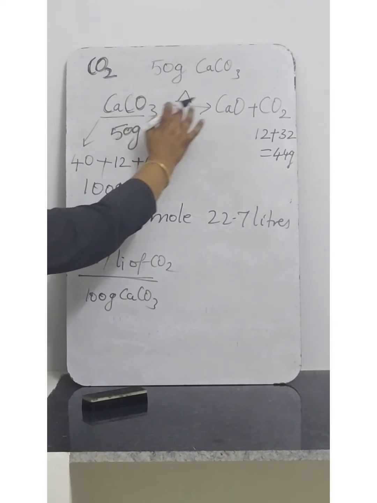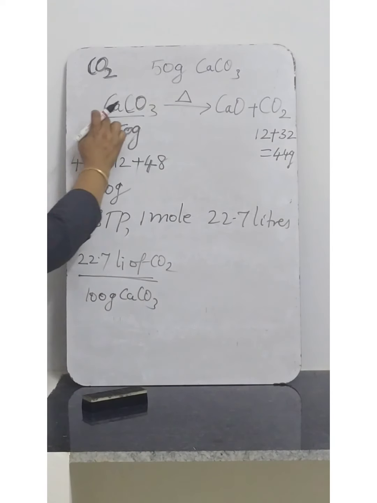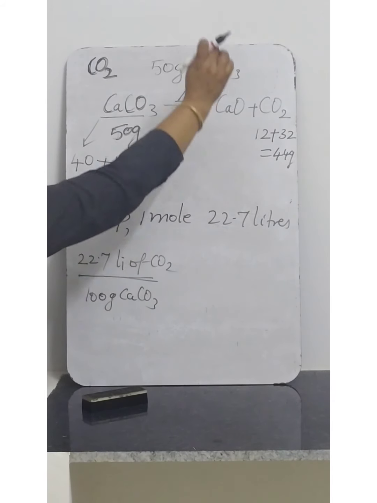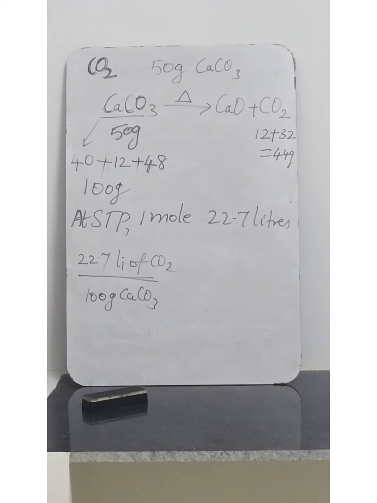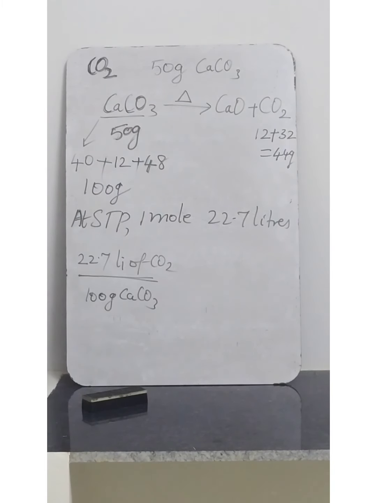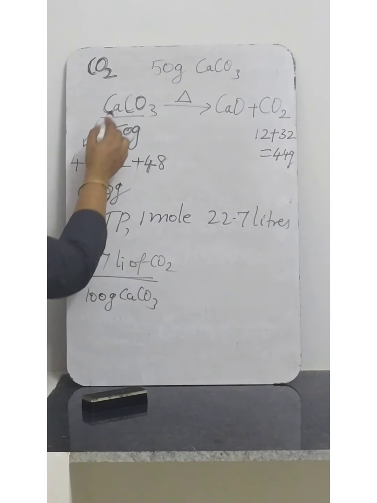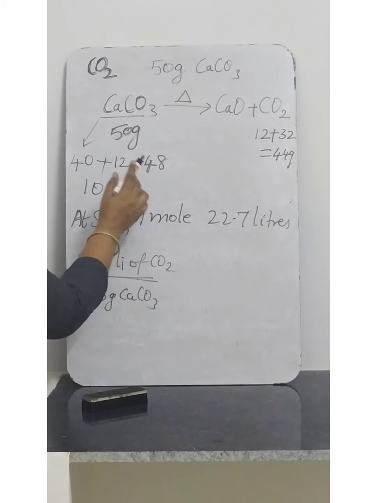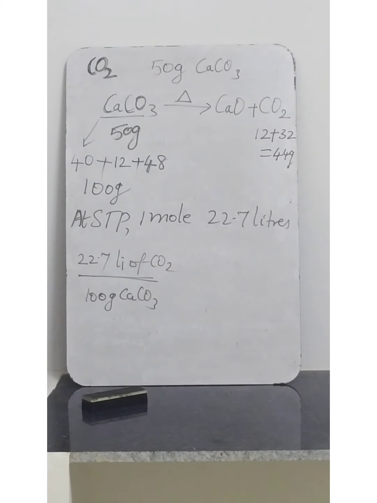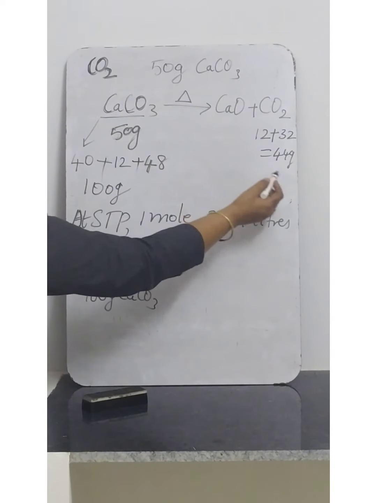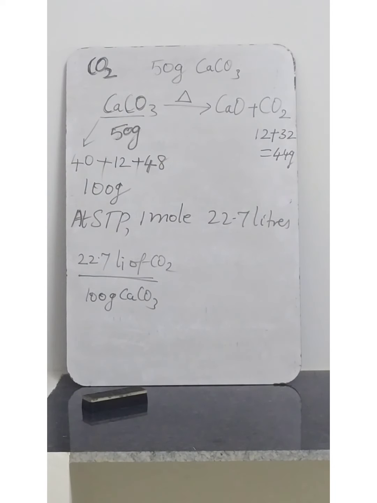As per the stoichiometric equation, 1 mole of calcium carbonate will undergo heat and give 1 mole of calcium oxide and 1 mole of carbon dioxide. Calcium 40 atomic mass, carbon 12 and oxygen 3 atoms, 48, so 100 gram. So 100 gram of calcium carbonate will undergo heat and produce 44 gram of carbon dioxide.